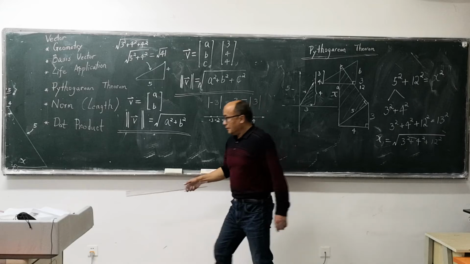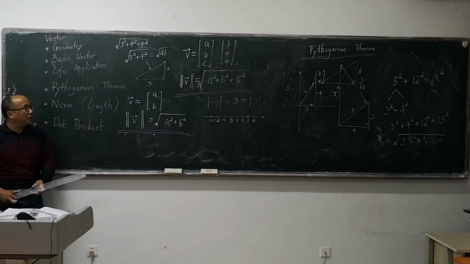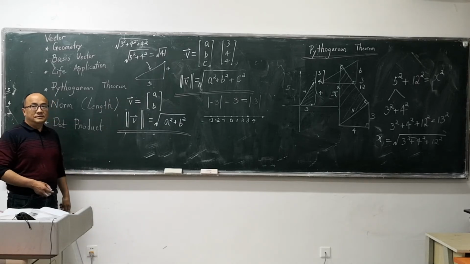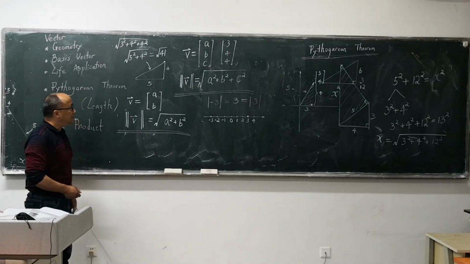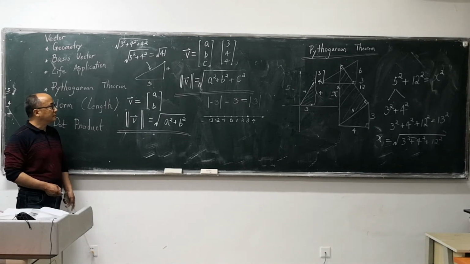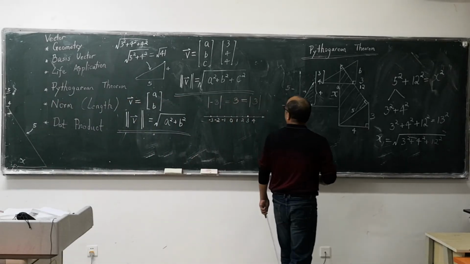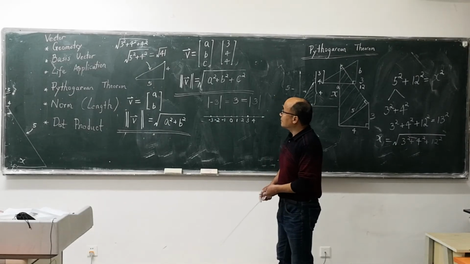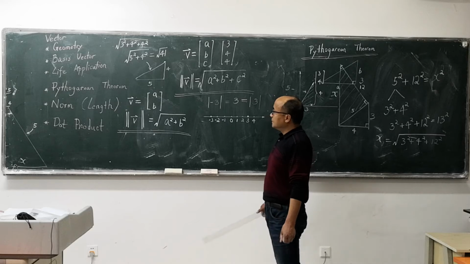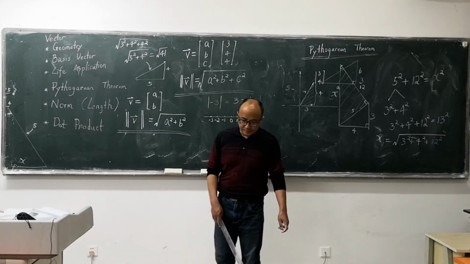And the distance from the corner over there is the norm of this vector. Length, norm, length.